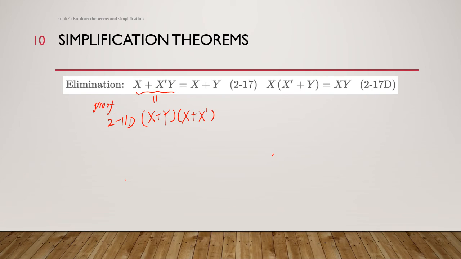If you can't tell why this is, go back to the previous page to check this one. And this we just write down. And the second term, x or x prime, we know is always equal to 1, right? So finally we get x or y. This is actually 2-4d.